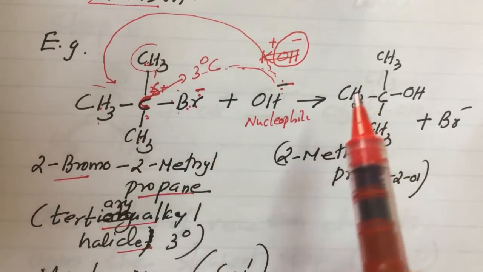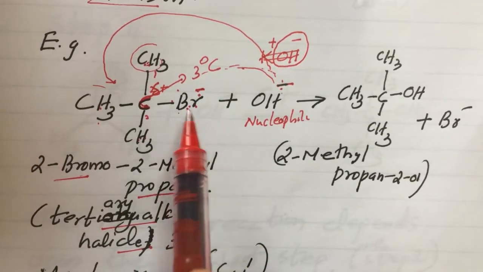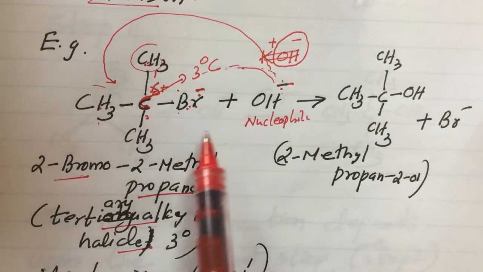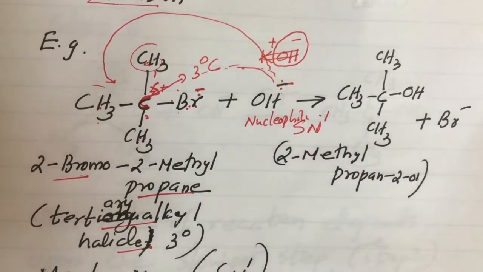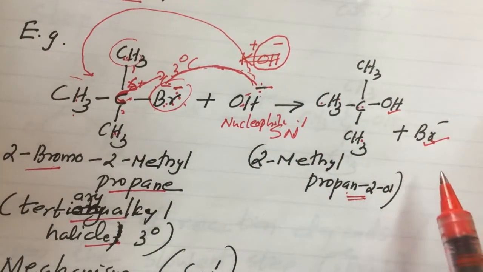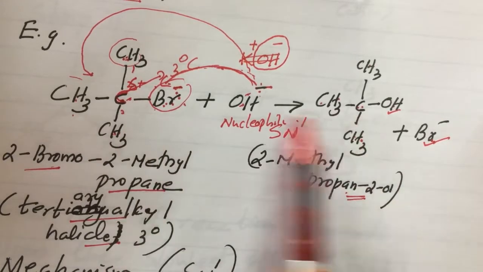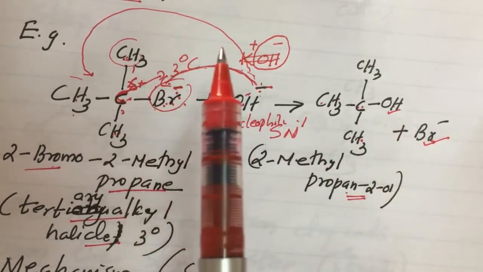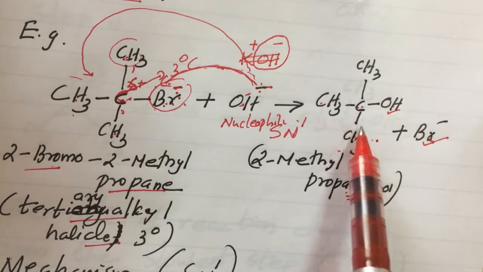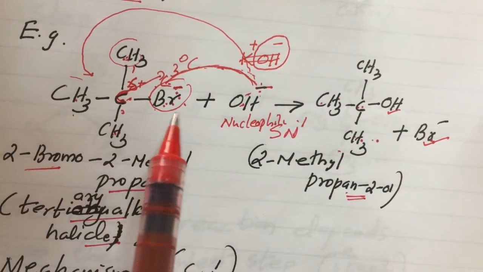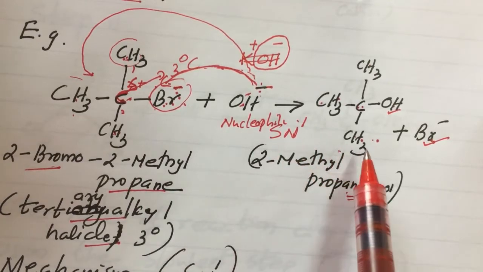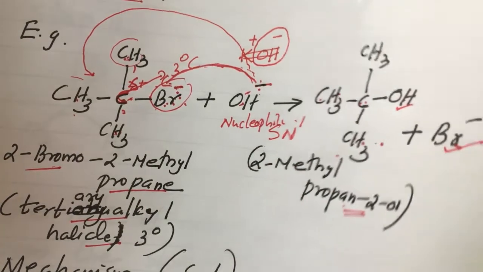Due to this reason, this alkyl halide follows another mechanism called the SN1 mechanism. Now I will tell you the mechanism of this reaction and how the product forms. Let's see the mechanism.